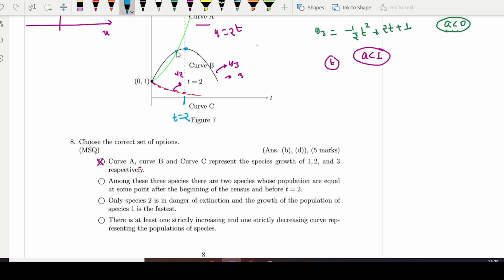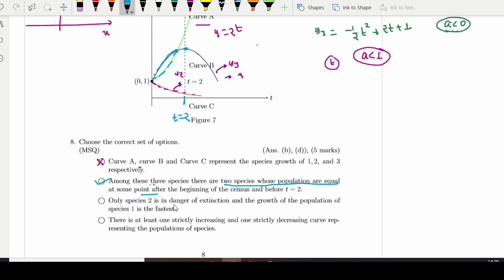Since these curves cut at this point, there are 2 species whose population are equal at some point after the beginning, so this statement is correct by looking at both curves. The third one is only species 2 is in danger of extinction and the growth of the population of species 1 is the fastest.